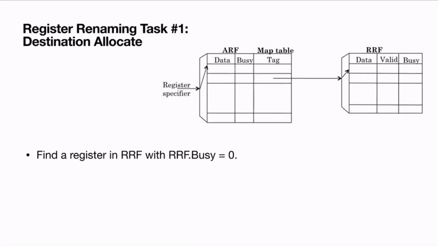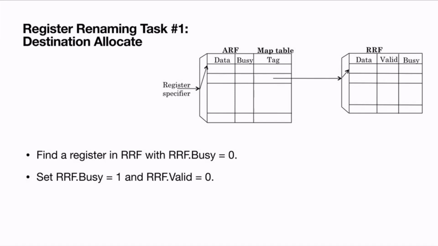For that, when I go to the RRF, I try to find an entry with the busy bit 0. If the busy bit is 0, that indicates the entry is free right now and can be used as a rename register for R1. We take that register and set its busy bit to 1 because we have taken it and are mapping it to R1, so that when any subsequent instruction comes, this rename register is not available.